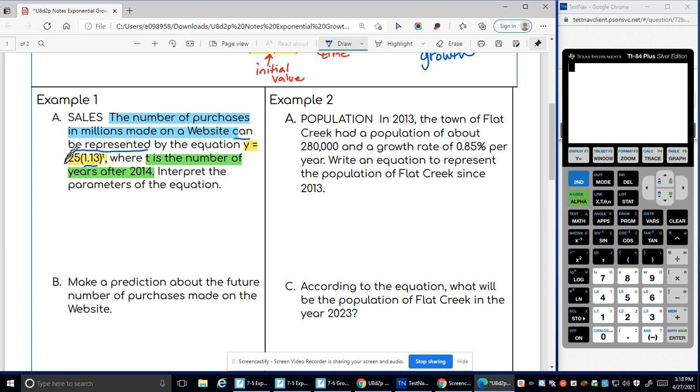First of all, y is the number of purchases, because the whole equation will tell us the total number, in millions, from the website.